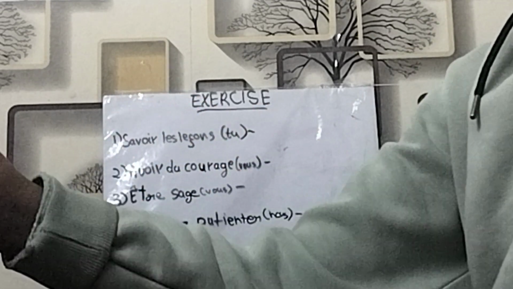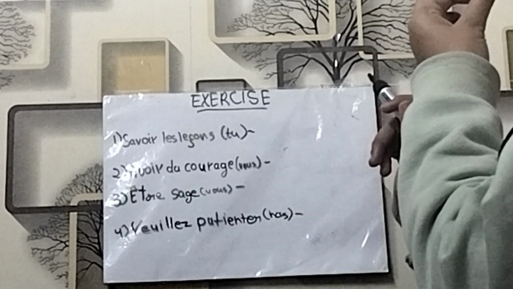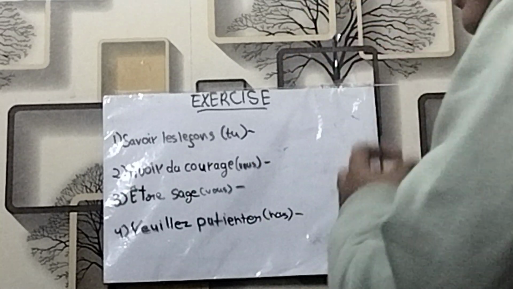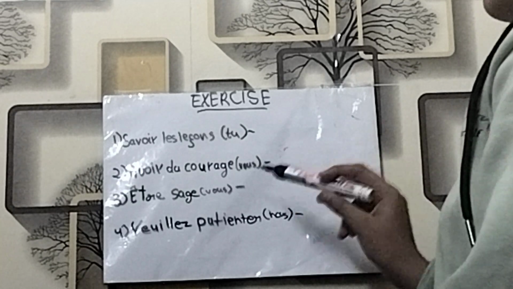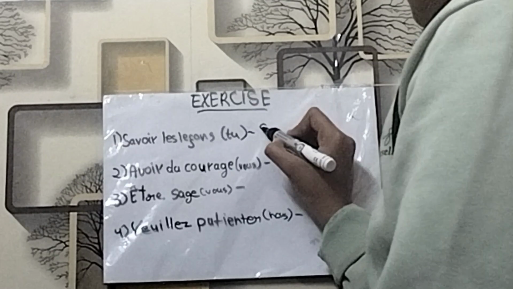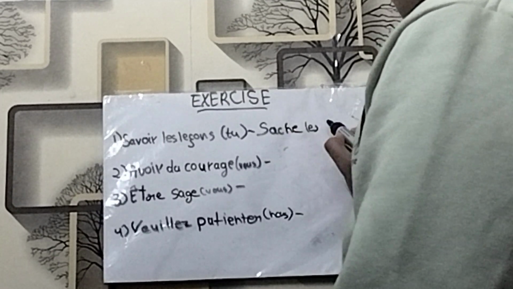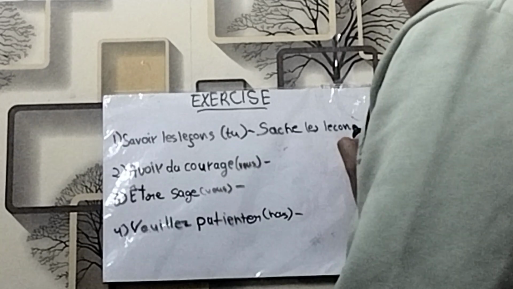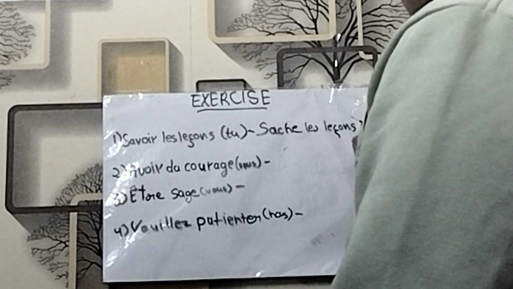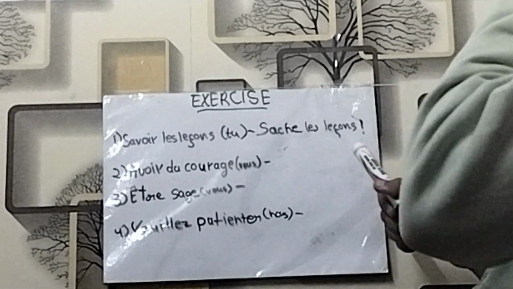You remember that savoir is an irregular case. We have to conjugate savoir with tu. When we conjugated savoir with tu, remember what it came? It came sache. Sache les cons. We always put this exclamation mark.